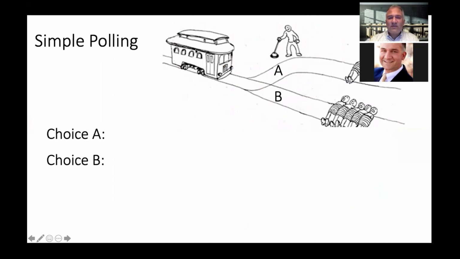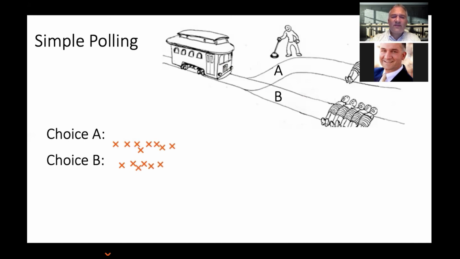Now, as I mentioned, we sometimes use a stamp button to do this kind of polling. Of course, there are many polling features that are embedded within Zoom, as well as external softwares that you can embed into Zoom. But this is a fun way in which students can vote using their stamp tool to let you know which choice they prefer of these two choices that have been presented to them.